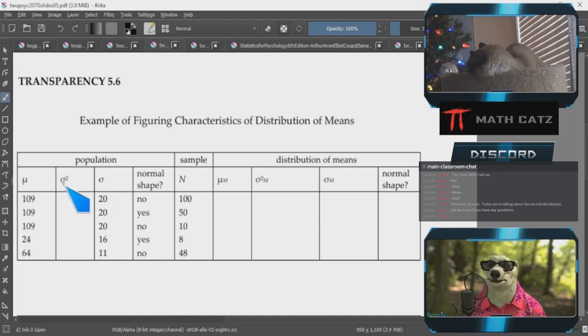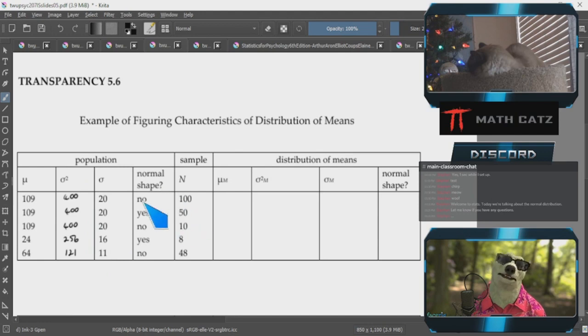Of course, the variance will just be that squared, so I'll just have a 400. And these are all 20, so this will all be 400. So let me just fill this in. 16 squared is 256, 11 squared 121, and so on.